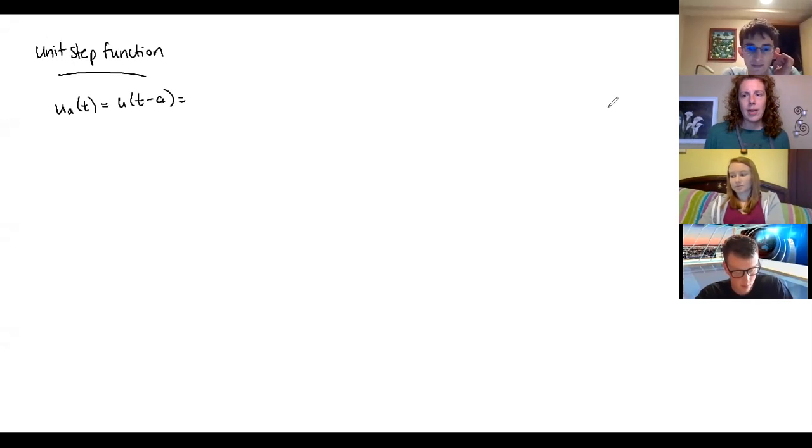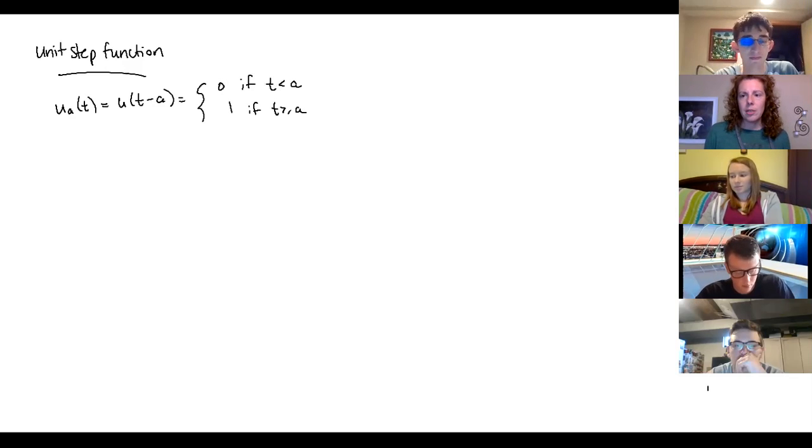Both of those ways work. It is equal to 0 if t is less than a, and 1 if t is bigger than or equal to a. So this was that unit step function that we talked about yesterday.